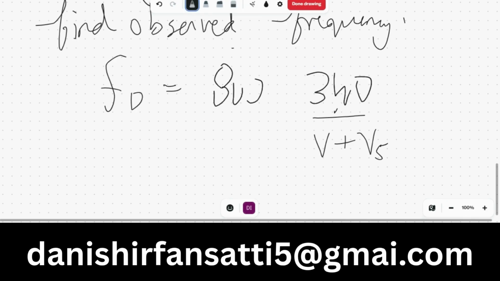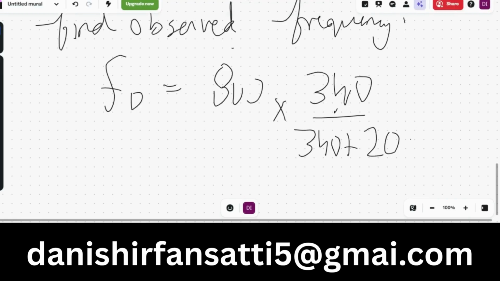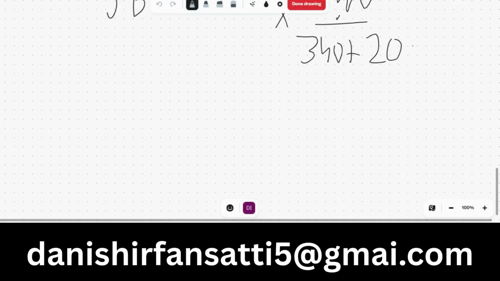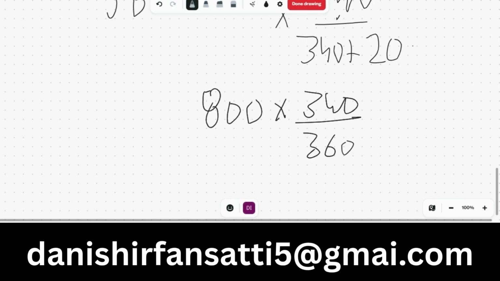Speed of sound v is 340, and here it is 340 plus the speed of source, 20 meters per second, and we take it positive because it is moving away from us. If we simplify, that becomes 800 times 340 divided by 360. We cancel out the zeros, and that gives us 756 hertz that you will hear from the observer's point.